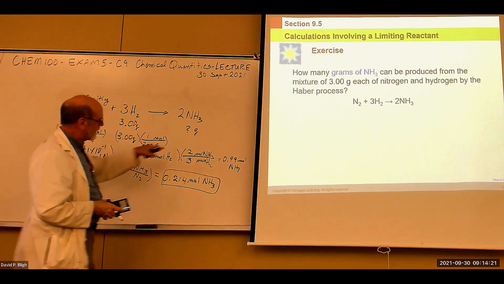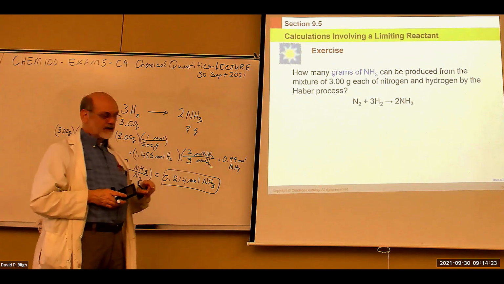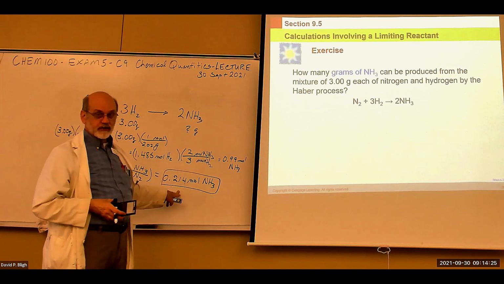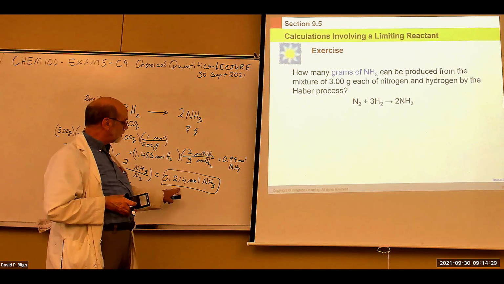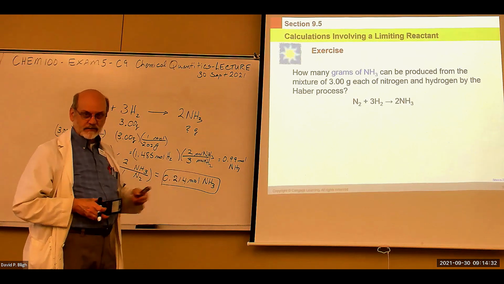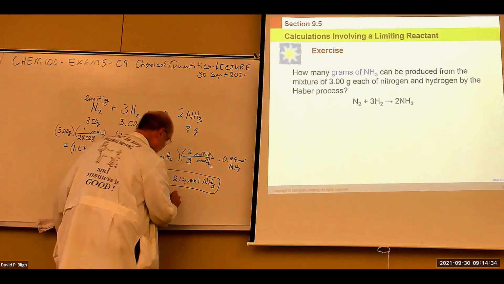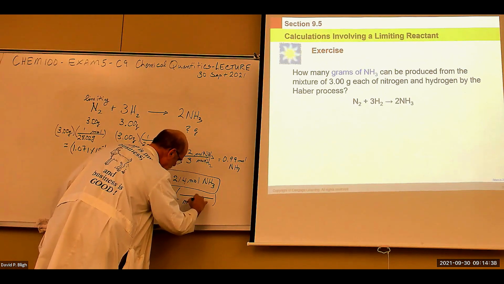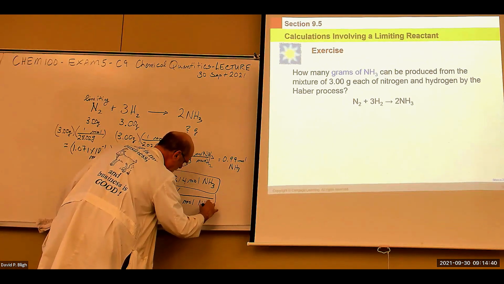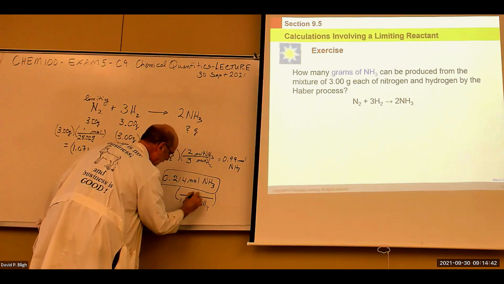Now we want to find out how many grams of ammonia. So since this is all that's going to be produced based on the limiting reactant, we just convert that to grams. So we need a conversion factor that will say moles of ammonia and grams.